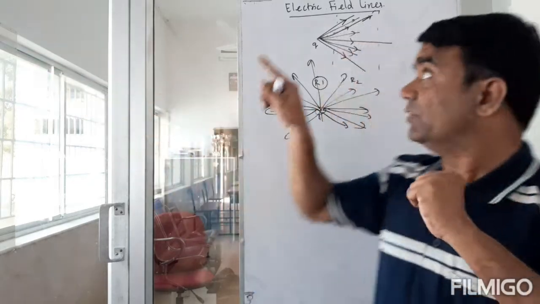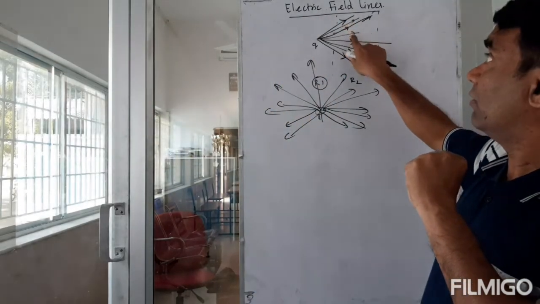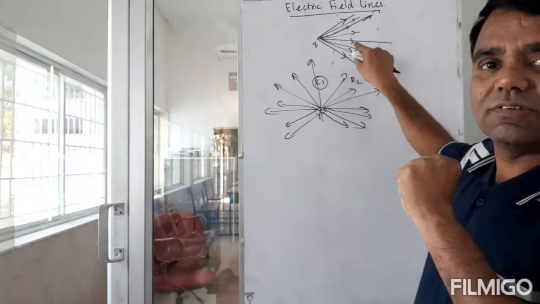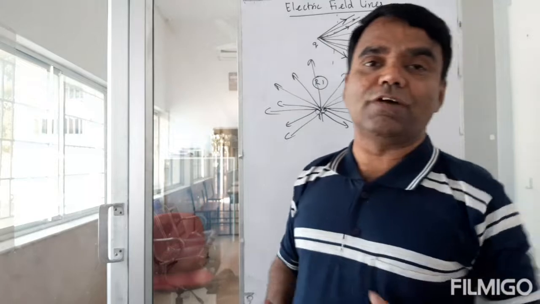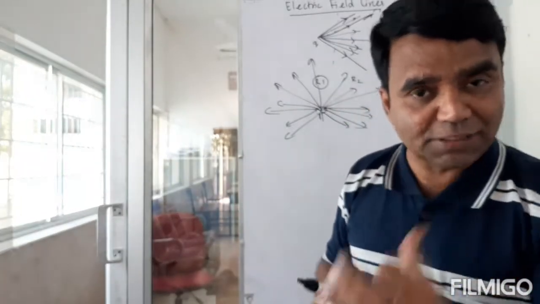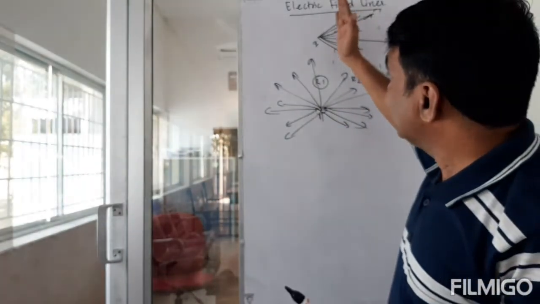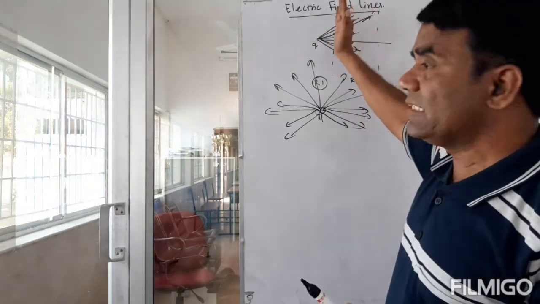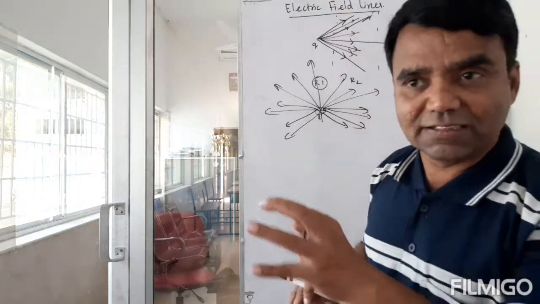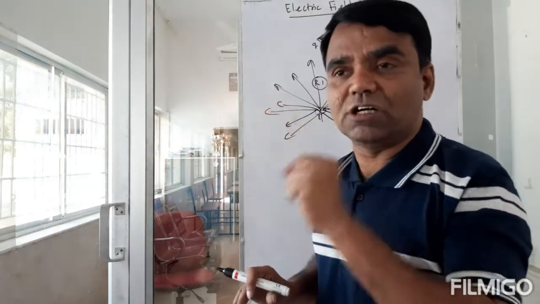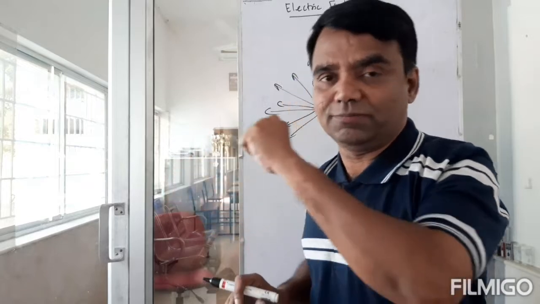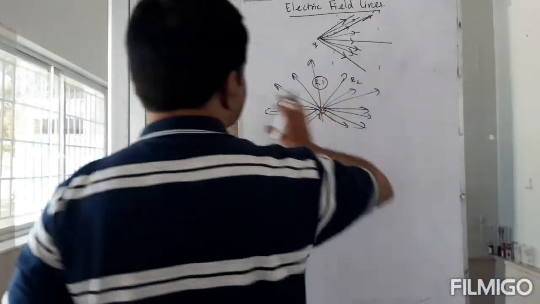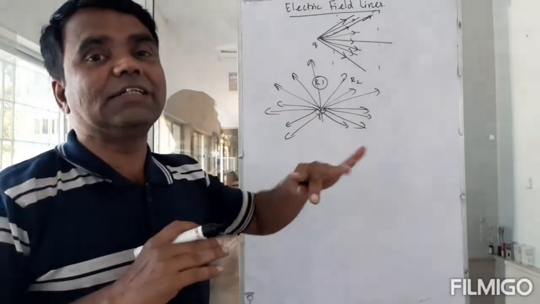The direction is given by the tangent I draw here, at all these points. And the magnitude of the field is represented by the electric field line density. If there are more lines in an area, the influence of the charge in that area is stronger. That's all.